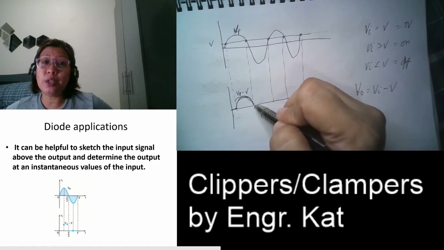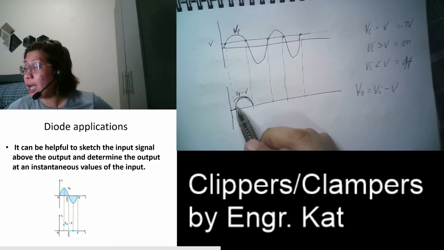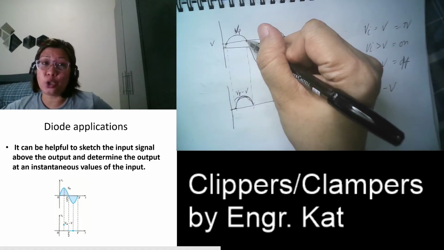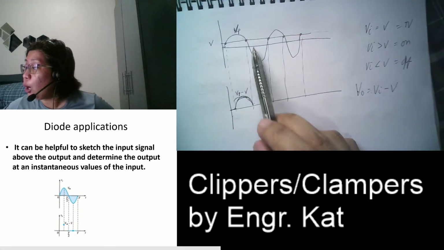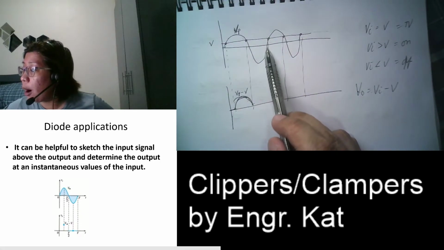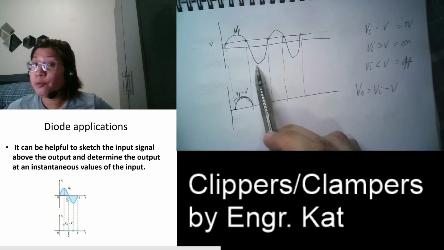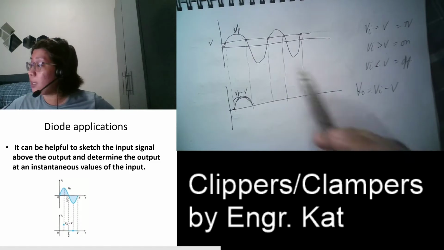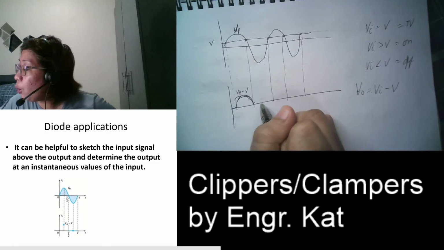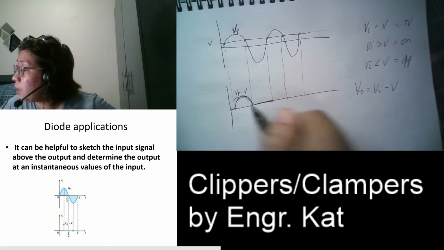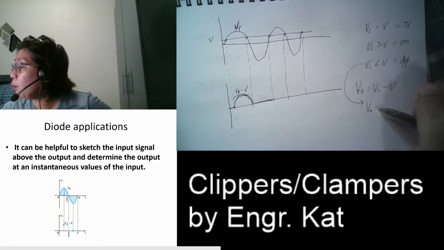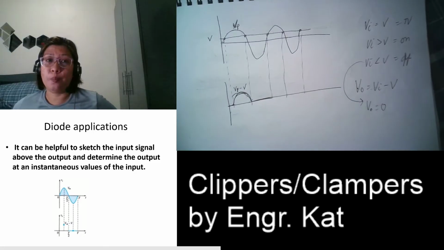So what do we mean by transition? Initially, our diode here is on. So, upon reaching transition, it will be turned off. Why? Because all of these values now are lower than V. So, we are here again. And from here to here, your output is equal to 0, because every time your Vi is less than V, your output is equal to 0.